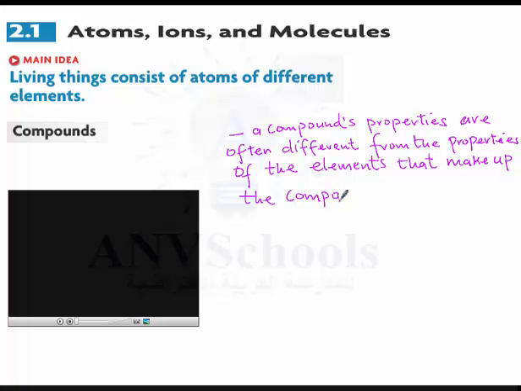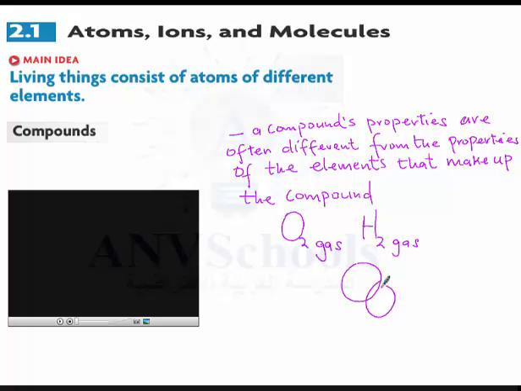We will take a simple example. We know that oxygen is a gas, and we know that hydrogen is also a gas. When one molecule of oxygen and two molecules of hydrogen come together, what do they form?